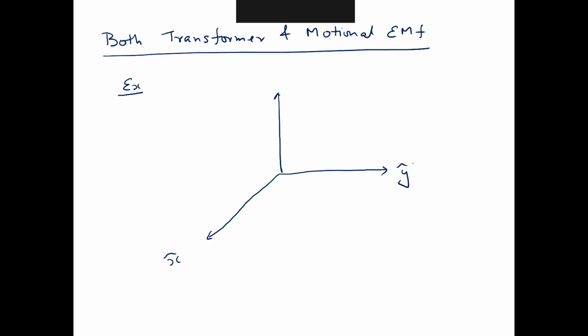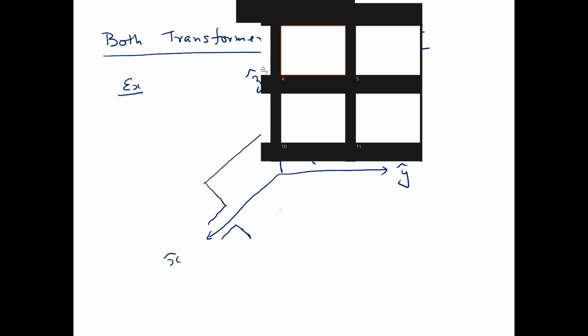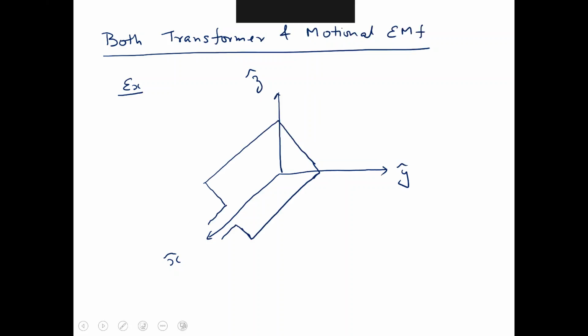Let's call this the X, Y, Z plane. I have a circuit which is aligned around the x-axis, and let's assume that B is changing in time along with the circuit rotating about the x-axis.